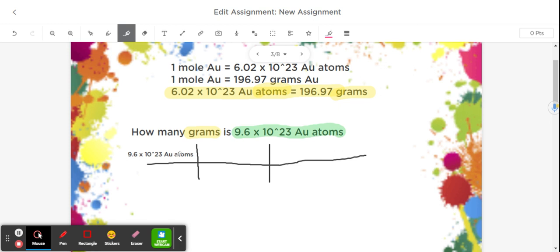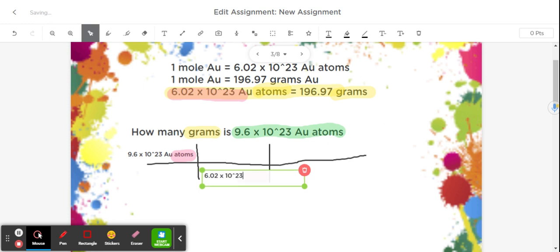So in this case, I have atoms in the upper left corner. It means I need to have atoms down here. So if I look at my conversion factor, I have 6.02 times 10 to the 23rd Au atoms.